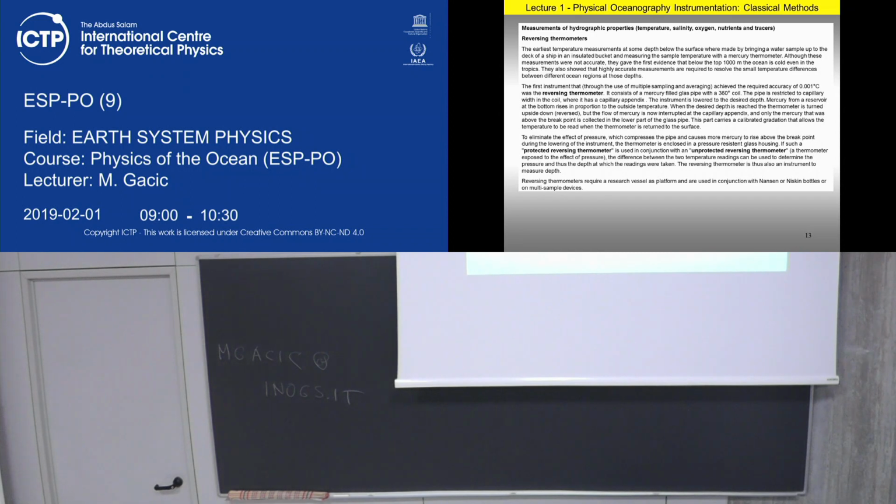The other thing is that at 1,000 meter depth, the pressure is 100 atmospheres. Therefore the glass is pressed by the pressure, and we have to take into consideration that the height of the mercury column is higher than it would be at pressure 0. Therefore we have to correct this virtual temperature due to the pressure. Therefore, there are two thermometers.